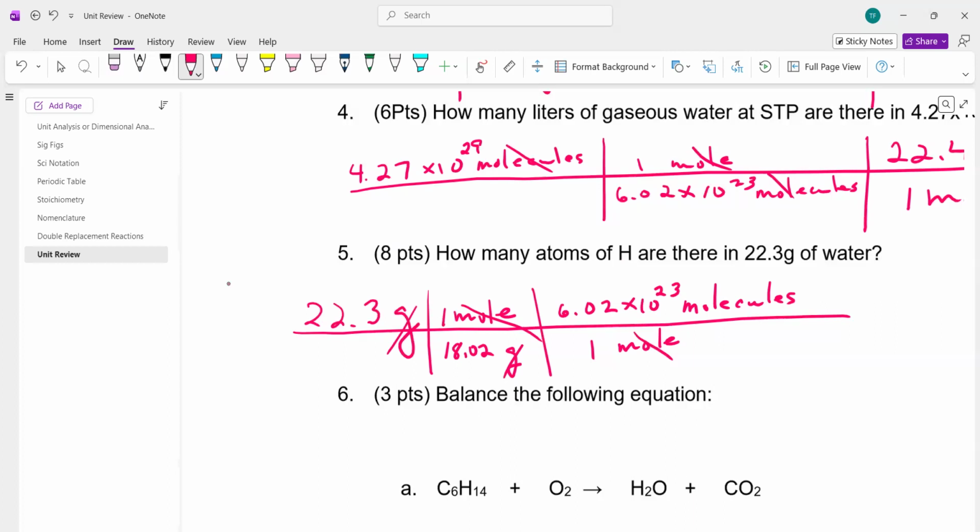So when you divide water by its molar mass, that becomes a mole. And then from the mole, we get molecules. So when it's a mole, I'm going to multiply it. When it's a molecule, I'm going to divide it. Okay.